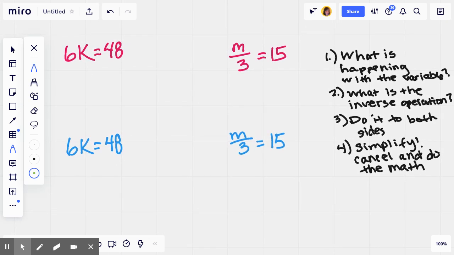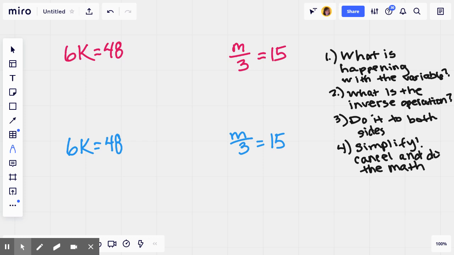Okay, so this first problem here says 6k equals 48. I want to remind you that in your notes, and these kind of questions need to be just in your head when you're solving problems. The first question we want to say is what is happening with the variable? And what we mean, of course, is are we adding, subtracting, multiplying, dividing? I can see that 6 and k are multiplying.